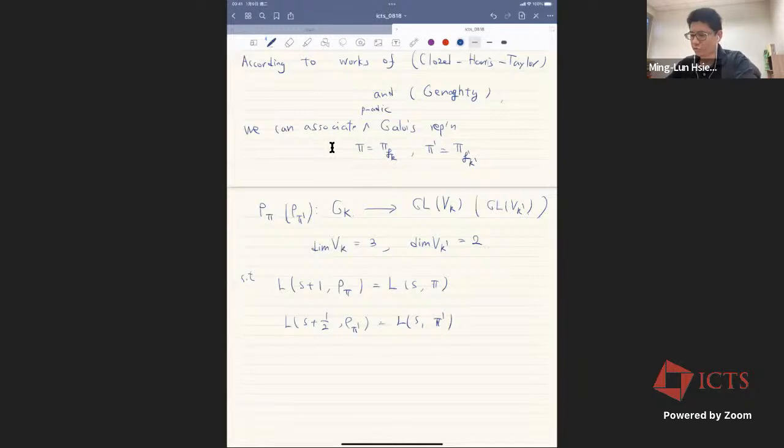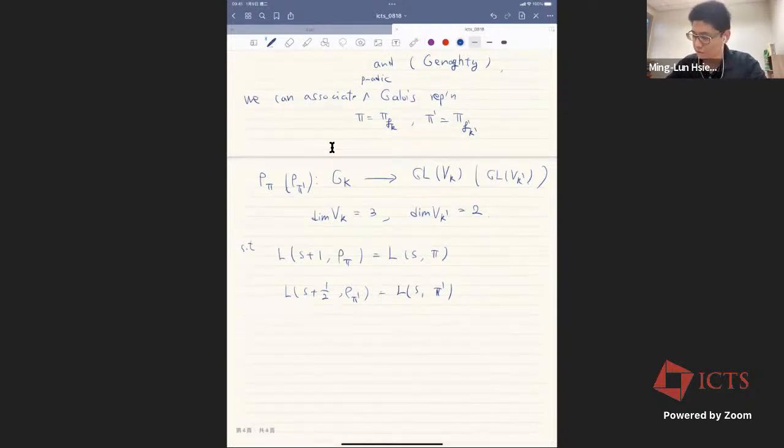Furthermore, we also have a description of the Galois representation when restricted to G_{Q_p}. So in particular, as a G_{K_p} representation, there exist filtrations.